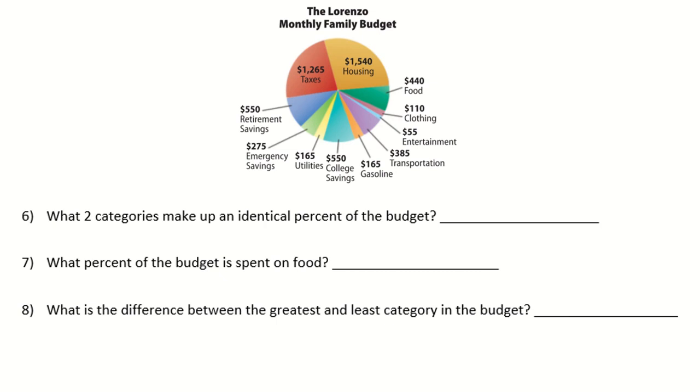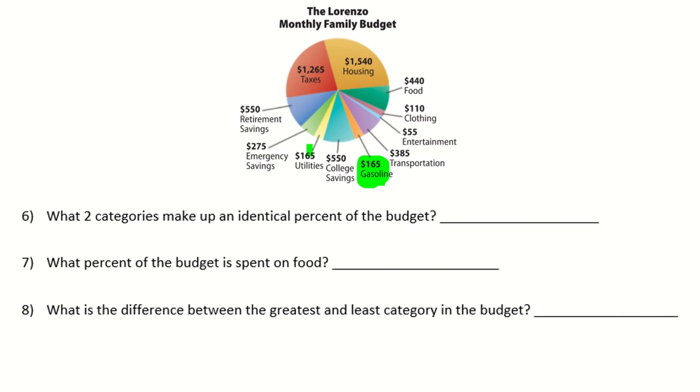Remember, you can pause and rewind the video whenever you need to. All right, the Lorenzo family budget still. Question number 6. What two categories make up an identical percent of the budget? Do you see two categories? They are two different categories, but they make up the exact same percent, and I spot them.